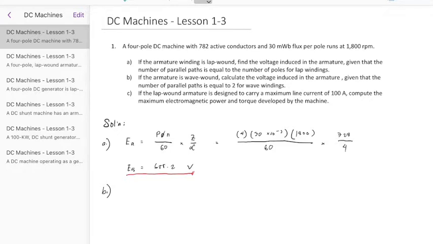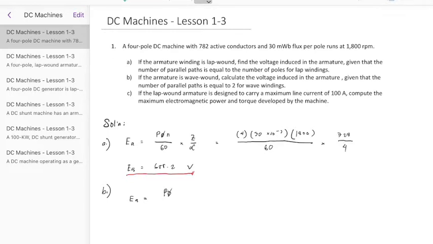Then for letter B, the conditions are the same, but this time the armature is wave wound. It is specified that for wave windings, the number of parallel paths is equal to 2. So we have two fixed parallel paths for wave windings. Let's check the induced EMF.